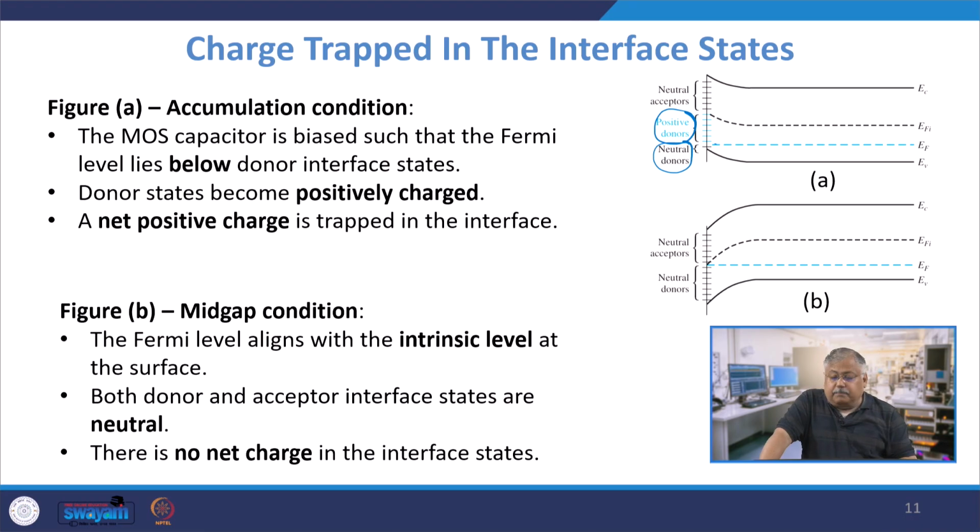Let us look at the mid gap condition, the second one, where the Fermi level just touches the intrinsic Fermi level near the interface trap charges, and therefore both donor and acceptor interface trap charges are neutral in nature. So, there is no net charge in the interface state. When you had accumulation, you had a net positive charge trapped in the interface. At mid gap, when the Fermi level and intrinsic Fermi levels are exactly matched to each other, and the Fermi level is again in between EC and EV, there is no net charge in the interface state.